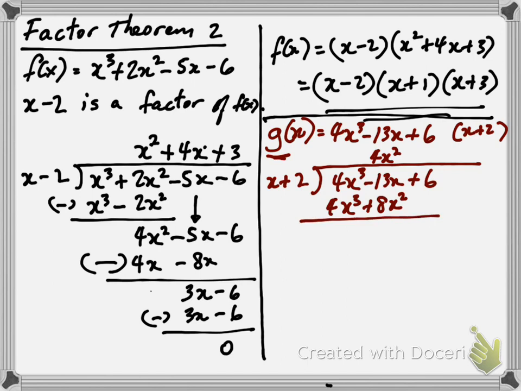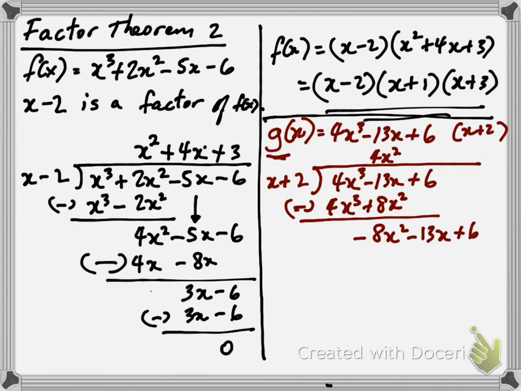Now when you minus, the first one will give you 0, but then there's no x squared term, so there will be 0 minus 8, which is negative 8x squared. Then you bring the extras down, minus 13x plus 6.